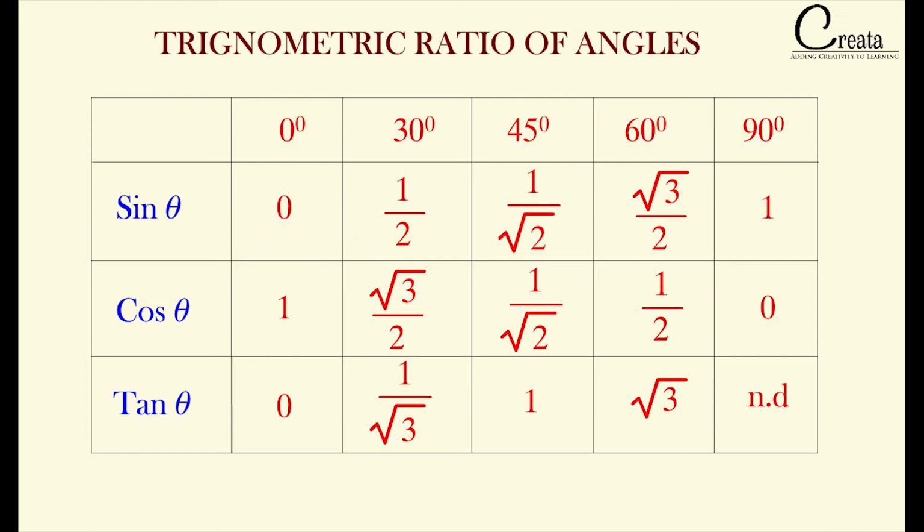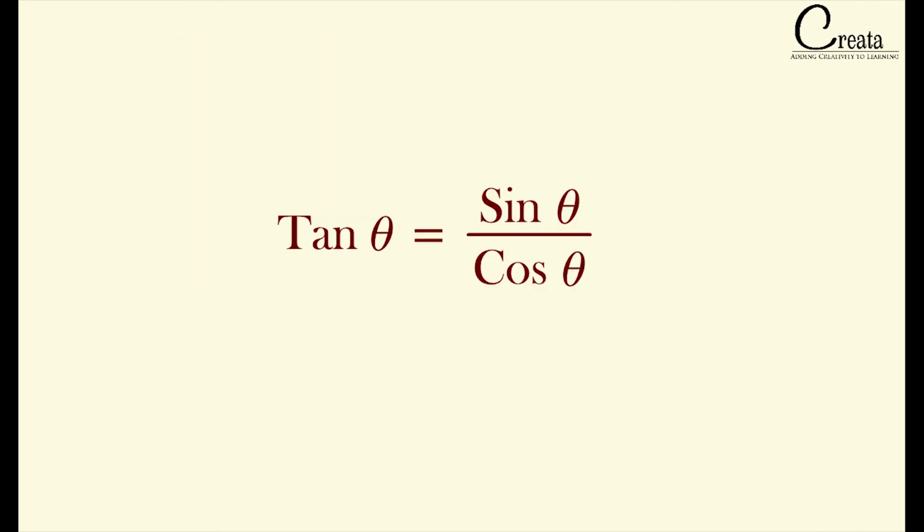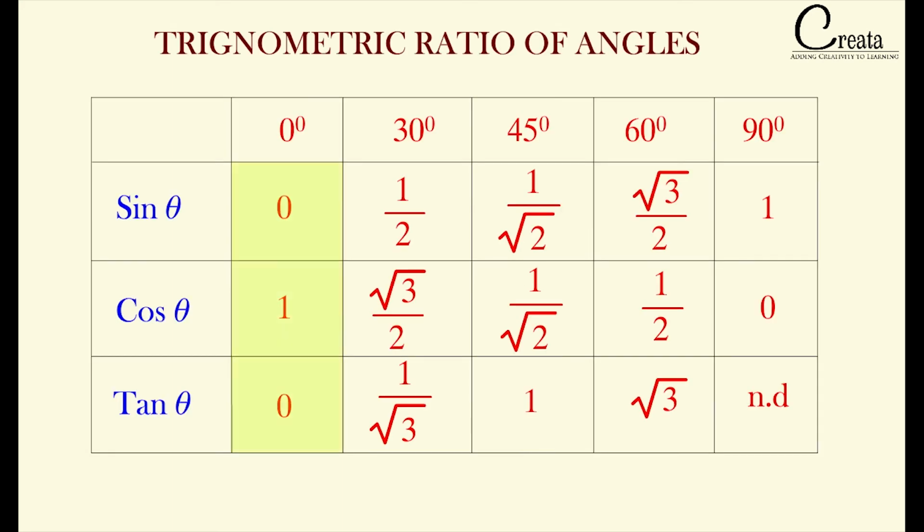And if you know sine and cos, you can use the formula tan equals sine by cos to get the tan value. Tan 0 is sine 0 by cos 0, that is 0 by 1, which is 0. Tan 30 will be sine 30 by cos 30, that is 1 by 2 upon root 3 by 2, so you will get 1 by root 3. Similarly, you will get the other terms also. Any issue? Just remembering the first line, you will get the complete table.